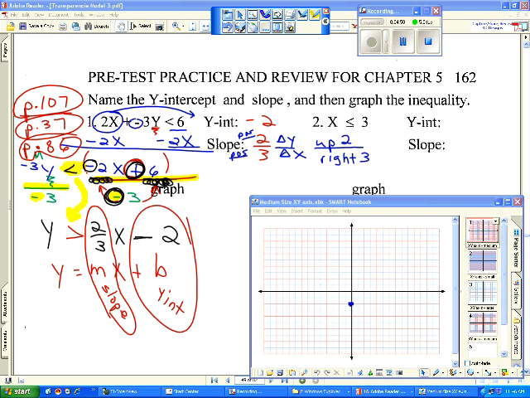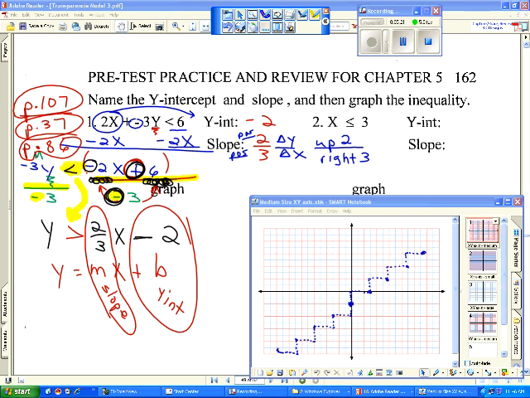The y-intercept. From the y-intercept, we go up 2, right 3, repetitively. And you could reverse that and go down and left, down and left, repetitively.